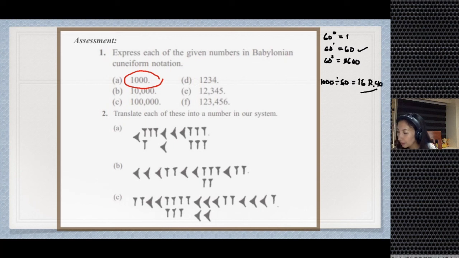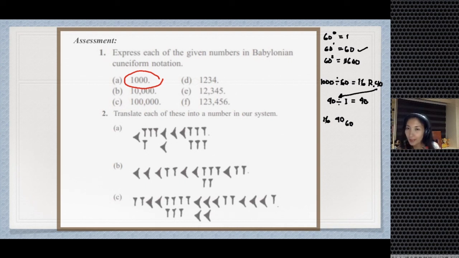Get the remainder 40 divided by 1, which is 40. So it is 16, 40, base 60.